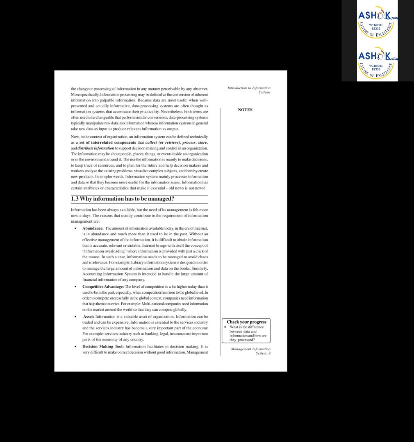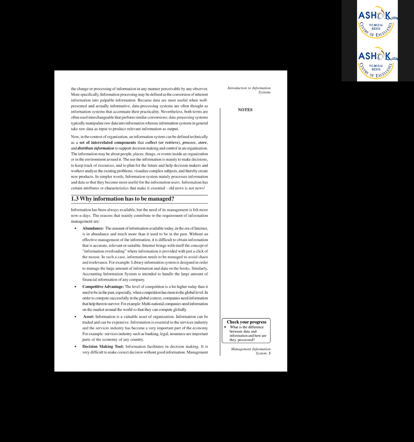The use of the information is mainly to make decisions, to keep track of the resources, and to plan for the future, and help decision makers and workers analyze the existing problems, visualize complex subjects, and thereby create new products.